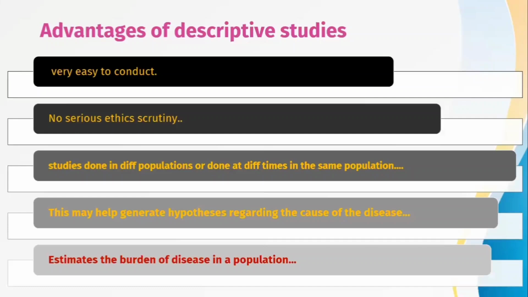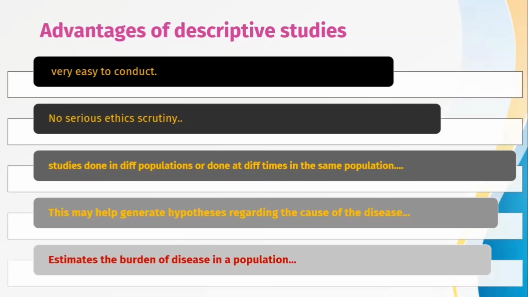Now we will move on to the advantages of descriptive studies. It is very easy to conduct, with no serious ethical scrutiny except for confidential information like sexual practices, substance abuse, etc. Studies can be done in different populations or at different times in the same population.